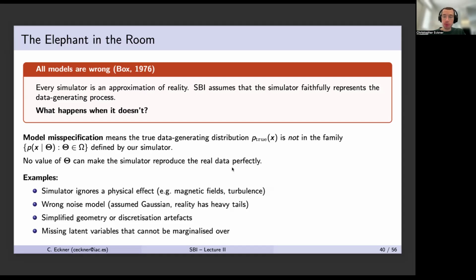You discretized the problem so that there are some artifacts because of the discretization. Or there are simply some missing variables in latent space that can hardly be marginalized over, which are also hard to assess from a simulation point of view, that, however, are there in realistic data. So all of these failure modes could happen.